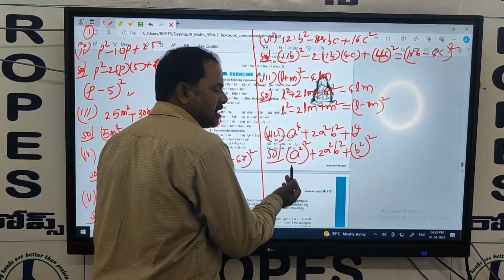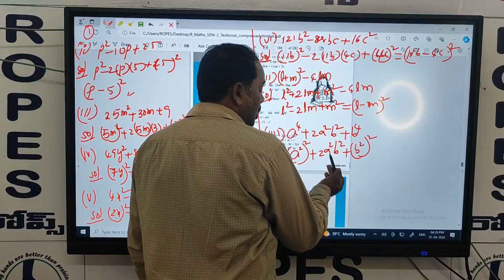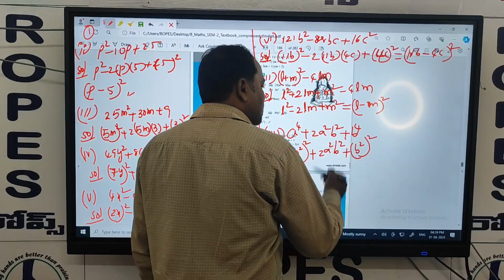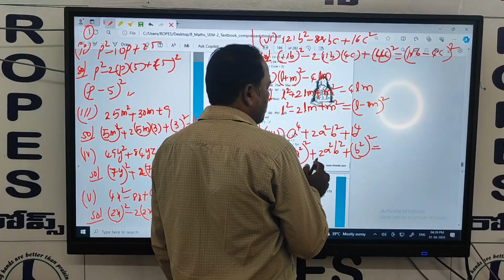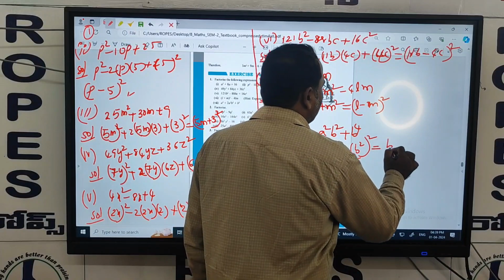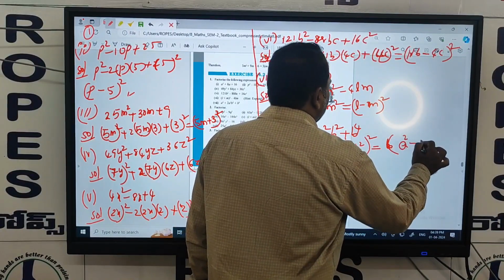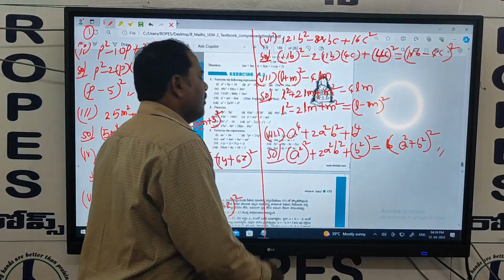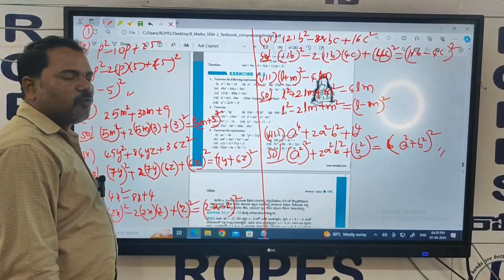Now in the place of a, a square came, and in the place of b, b square came. It is in the form of a square plus 2ab plus b square. Then we can write this as (a square plus b square) whole square. These are the factors of a power 4 plus 2a square b square plus b power 4.